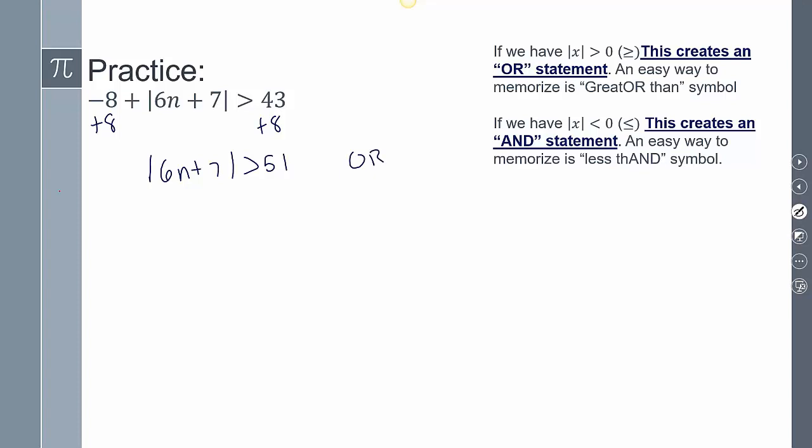Now, breaking this up with my definition, 6n plus 7 is greater than 51, or I'm going to have negative 6n plus 7 is greater than 51. Solving for each of these, minus 7 on both sides, I get 6n is greater than, what is that, 46? No, it's 44.